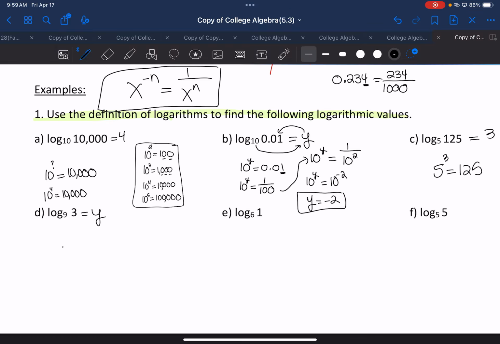So I'll start with the 9 and raise it to the exponent of y, and then that will be equal to 3. So whenever this number inside the log is smaller than your base, then you need to think about fraction exponents.